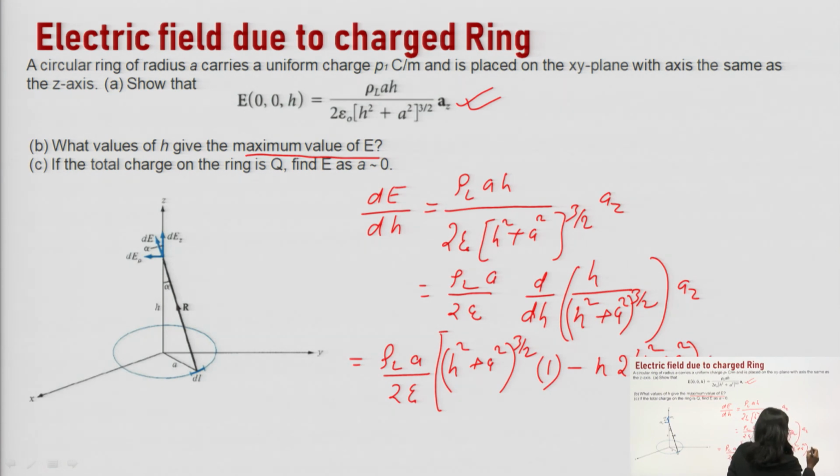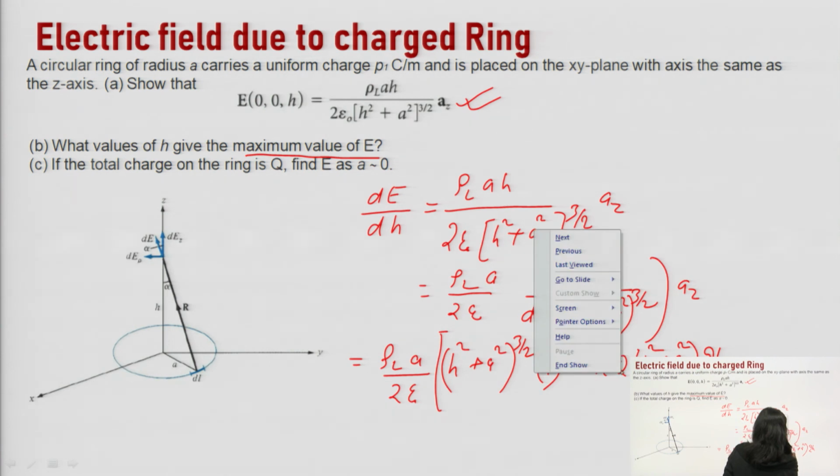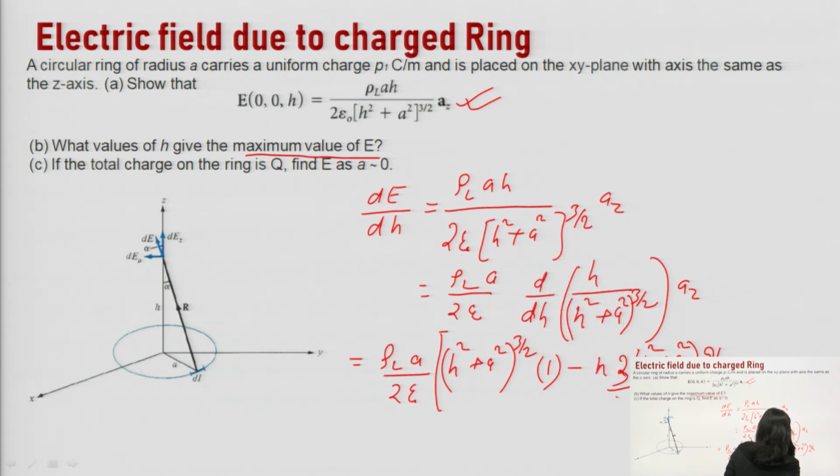So the differentiation of h square will be 2h.